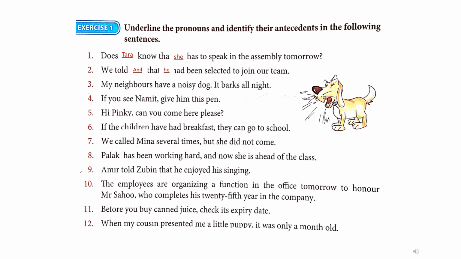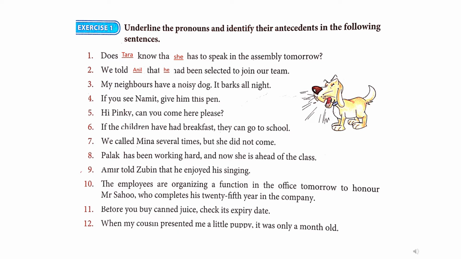Let us see. First, does Tara know that she has to speak in the assembly tomorrow? In this sentence, she is the pronoun and the antecedent, the noun which the pronoun shows, is Tara. Second, we told Anil that he had been selected to join our team.